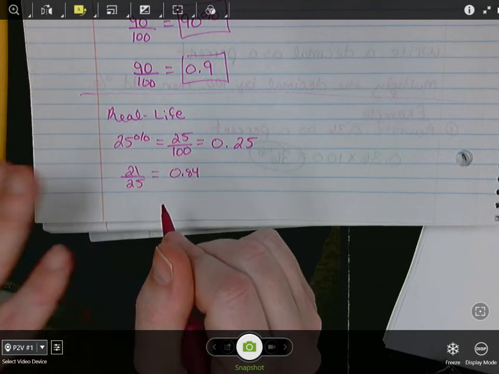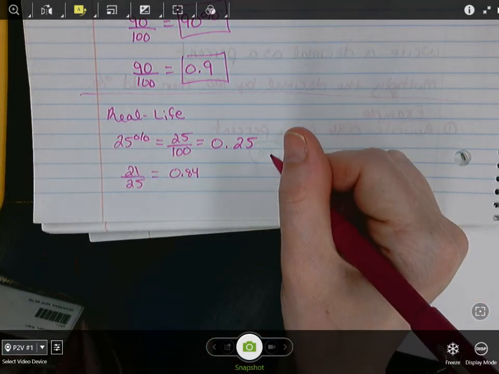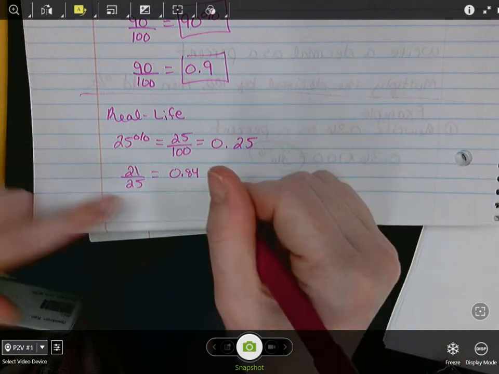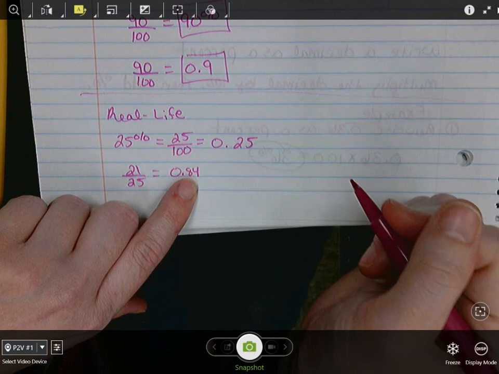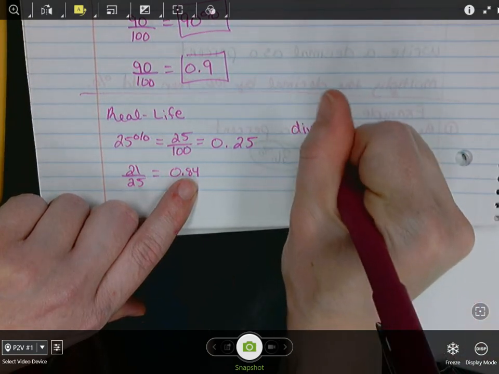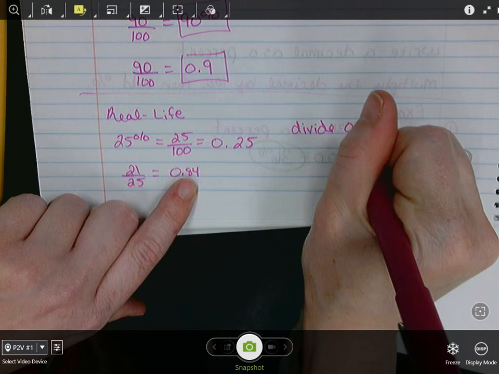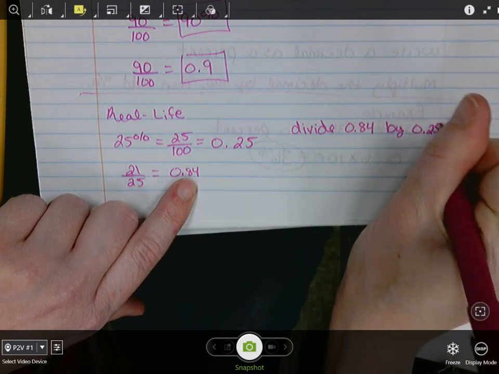In order to compare these to see how many times more it is, we need to see how many times this is more than 0.25. So what you're going to do is you're going to divide 0.84 by 0.25. Okay.